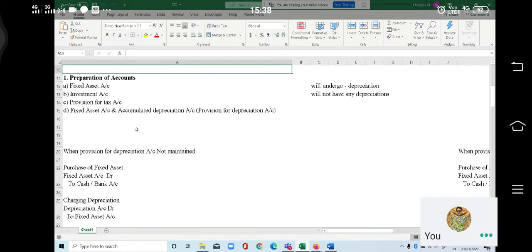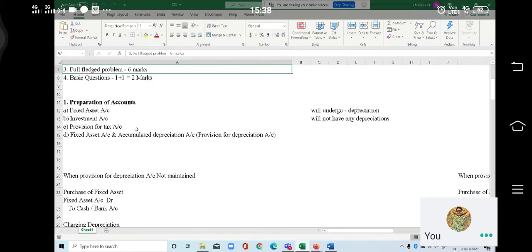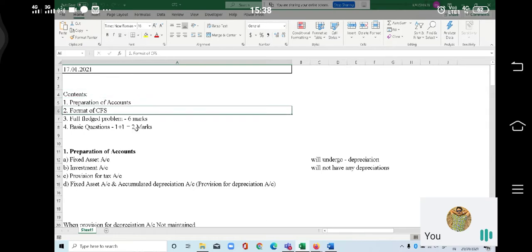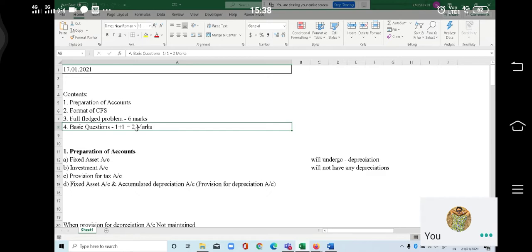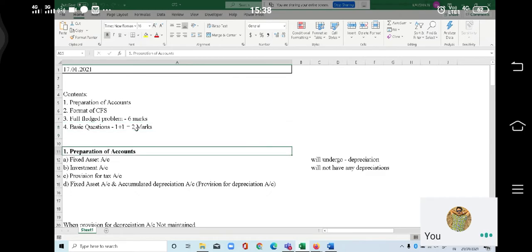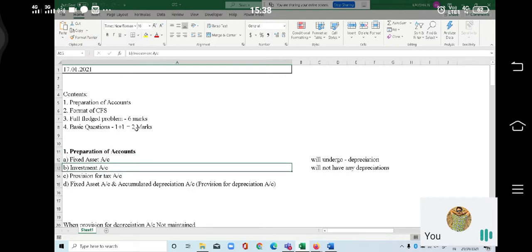Then we will work out a full-fledged problem which will be asked as a 6-mark question, and then we'll cover the basics. So these are the contents: preparation of accounts, format, full-fledged problem, and the basic questions. In preparation of the accounts, we have four important accounts basically.